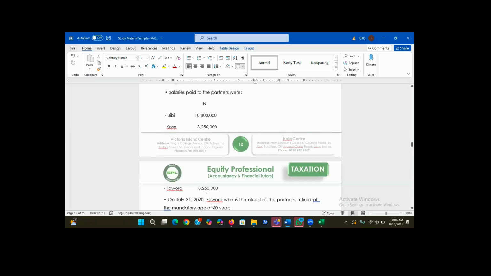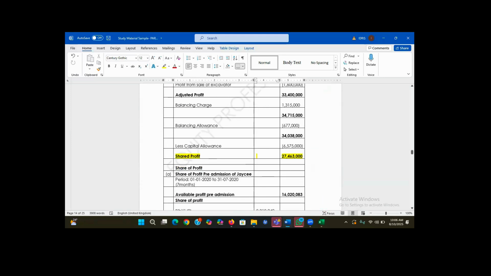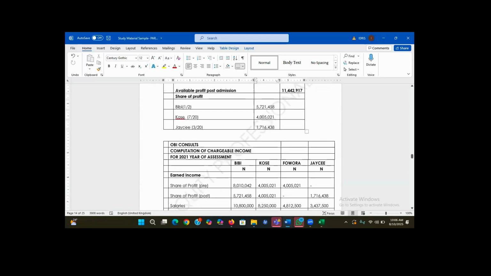He cannot collect 12 months' salary. We are going to prorate it. 7 over 12 times 8,250,000. What do we get? 4,812,500. That is 4 million.